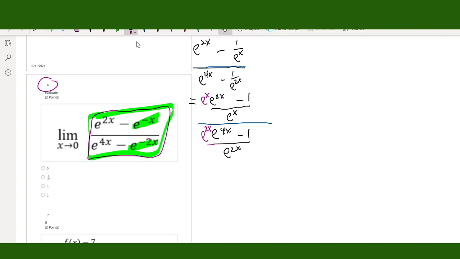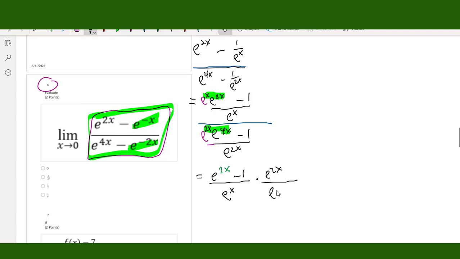Okay, and then next step, simplify this one. e power x plus 2x equal to 3x, and this is minus 1, over e power x times e power 2x over, this part 2x plus 4x, indices.